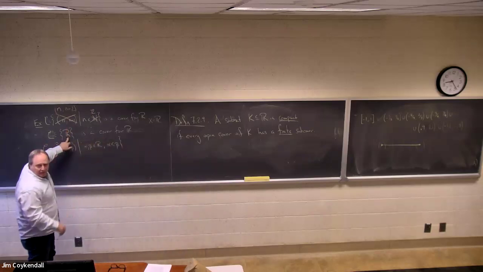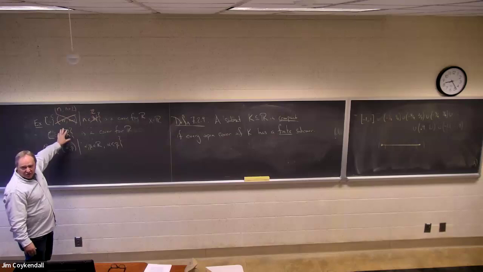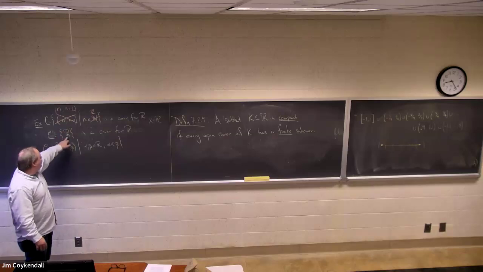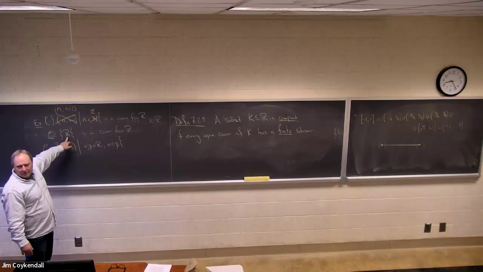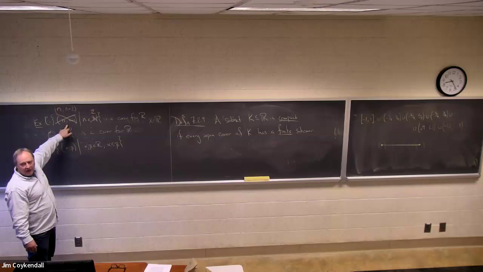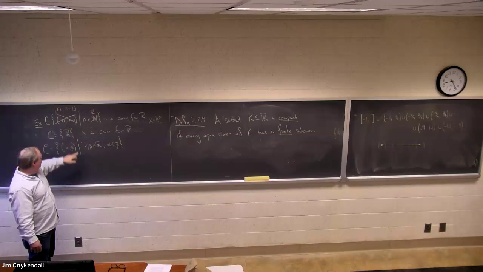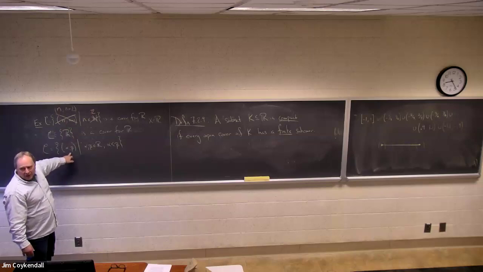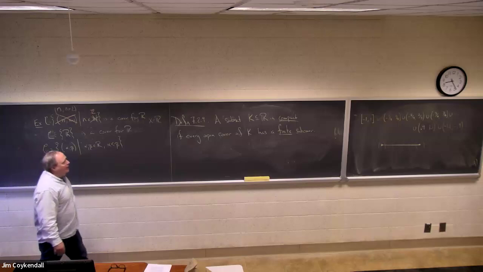This is an example. The reals is not compact. Certainly, this has a finite subcover, but it has to be for any cover. This one here does not have a finite subcover. This one also does not. All right.